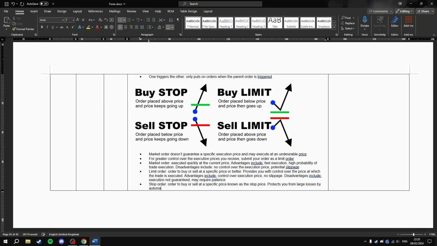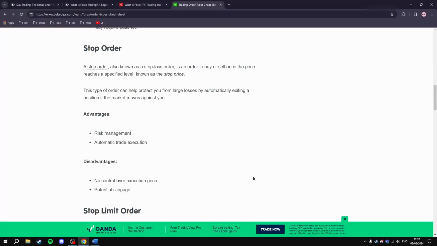It protects you from large losses by automatically exiting a position if the market moves against you.